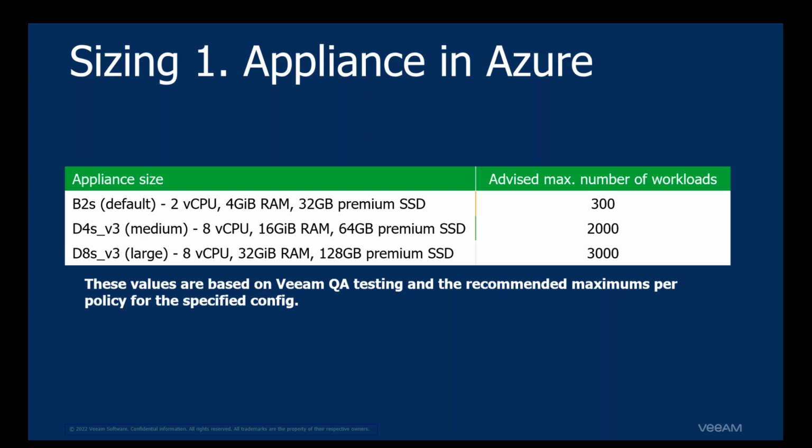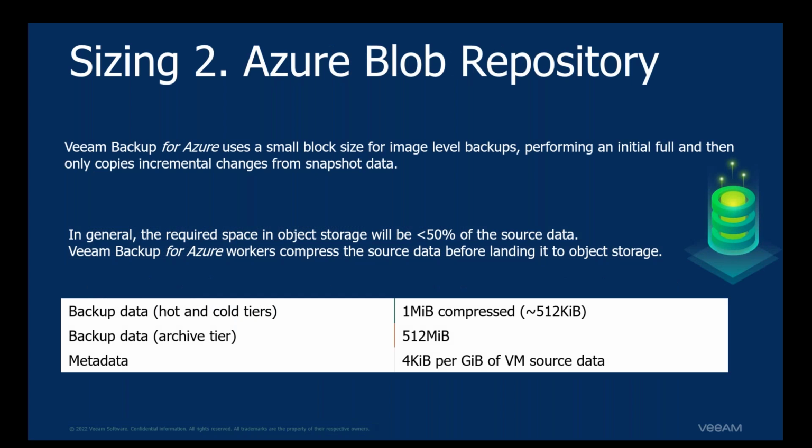A lot of the performance actually depends on the storage device at the end of the chain. Yeah, these once more can be found online, and you will see them in the shared documents at the end of the webinar. Then onto the Azure Blob repository.